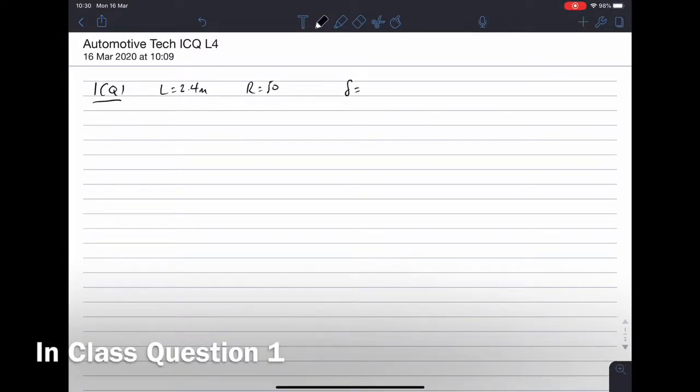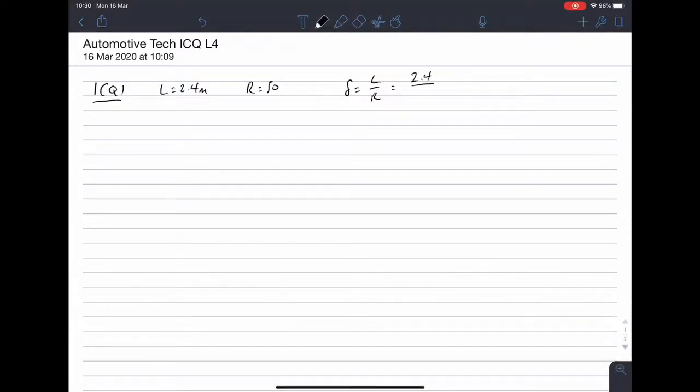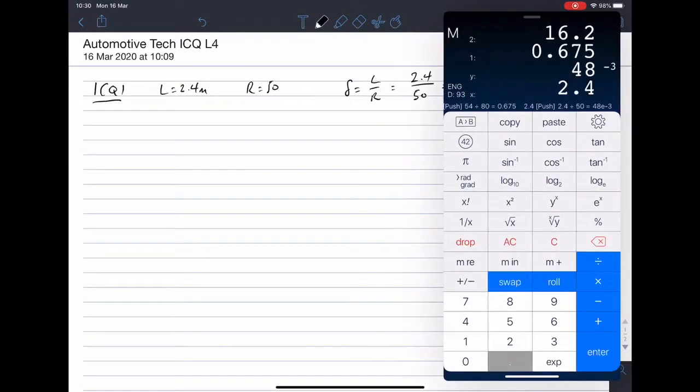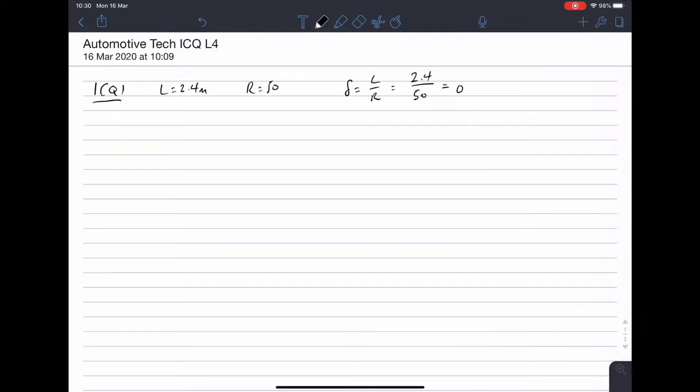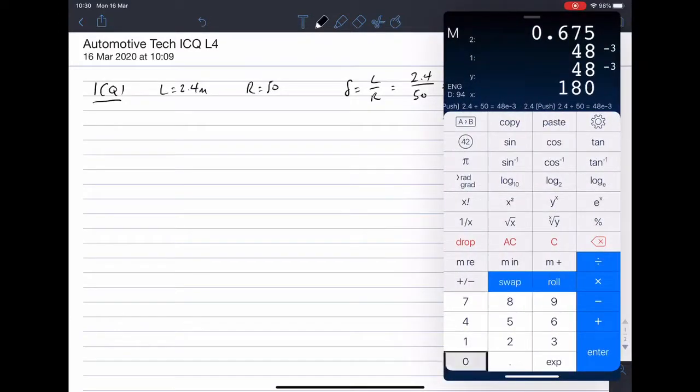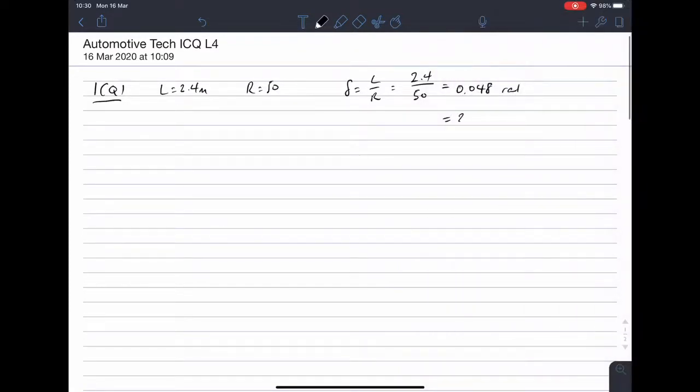So delta is L divided by R, which is 2.4 divided by 50, 0.048 radians, which equals, if we multiply that by 180 and divide it by pi, 2.75 degrees. Okay? Straightforward.